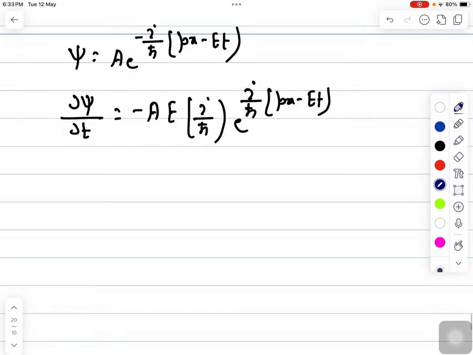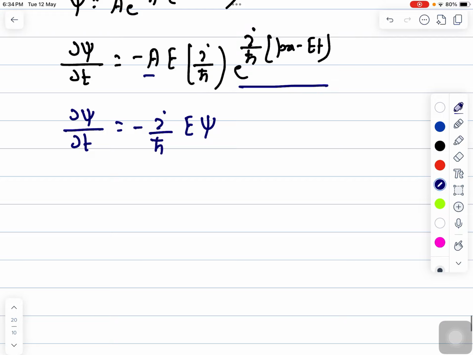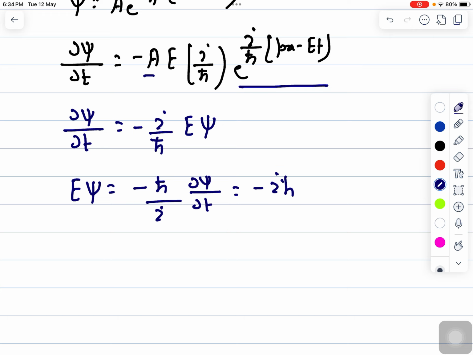So if you see here, A e to the power i by h cut (px minus Et), it can be written as del psi by del t equals minus i by h cut, and then it will be equal to E psi. If I want to calculate the value of E psi from here, that will be equal to minus h cut divided by i del psi by del t, so that will be equal to i h cut del psi by del t. Let's say this is my equation second.